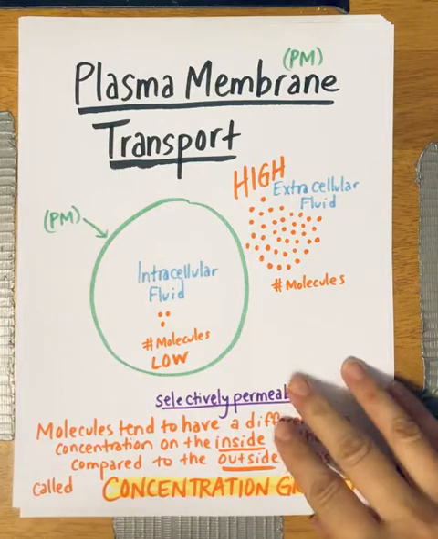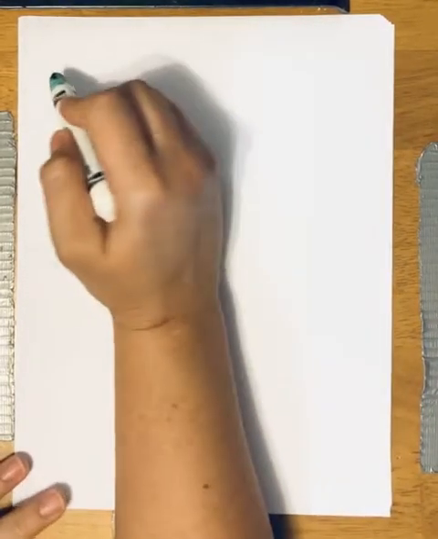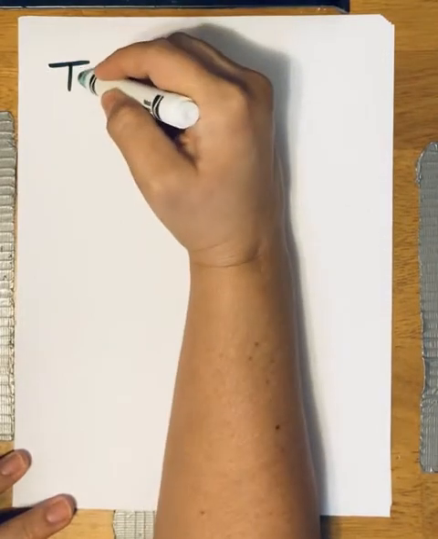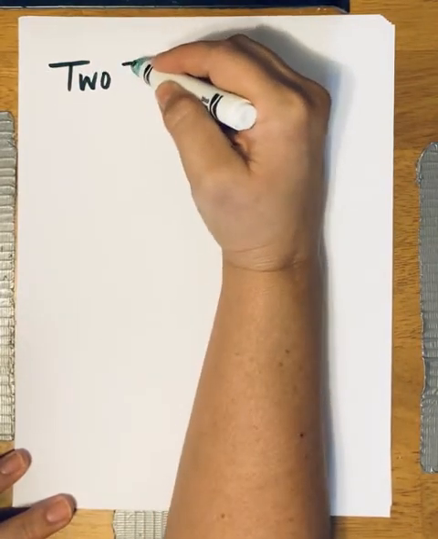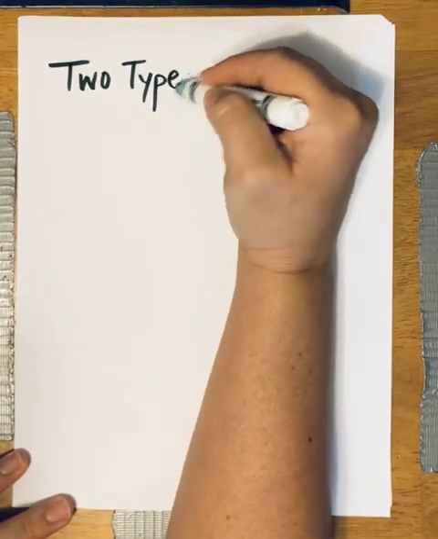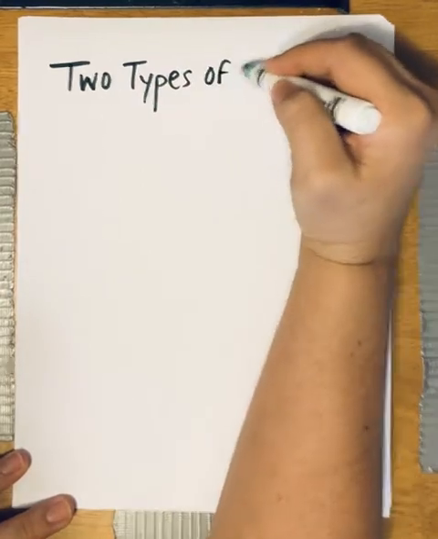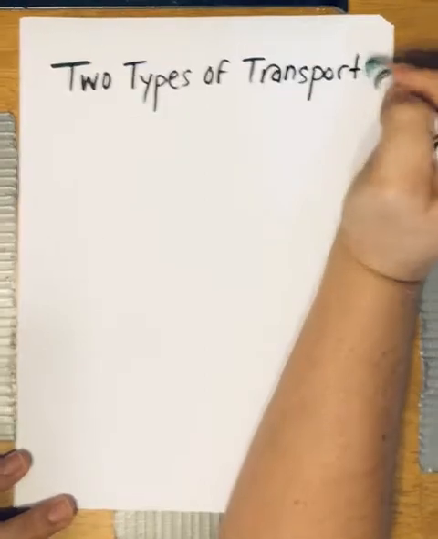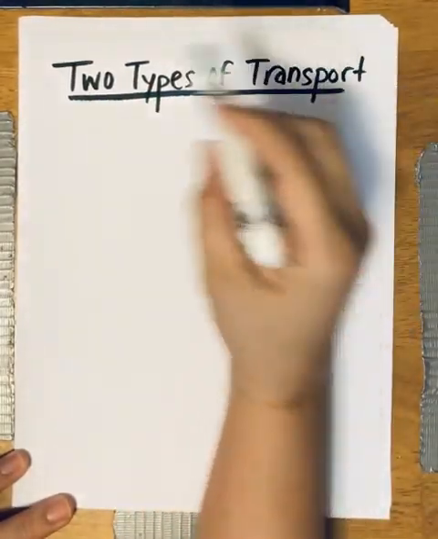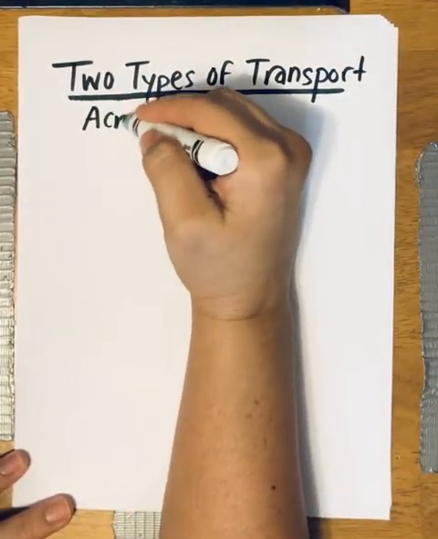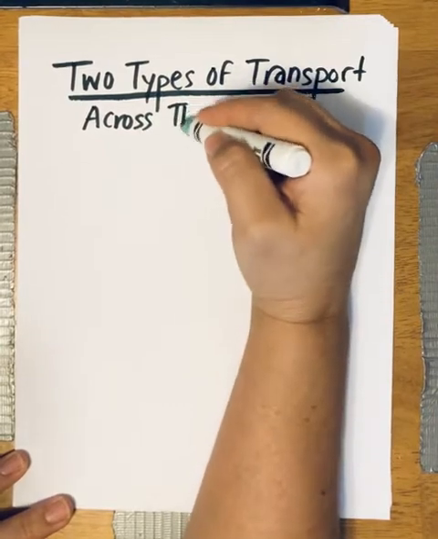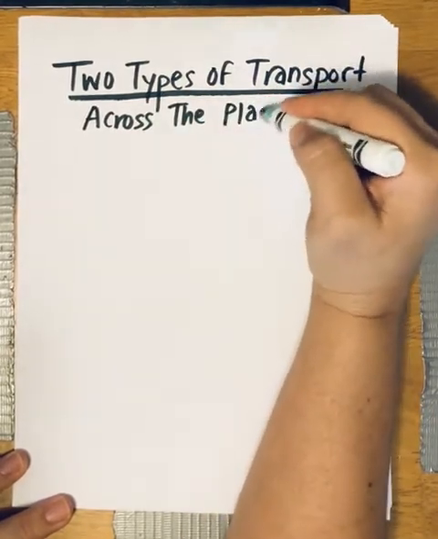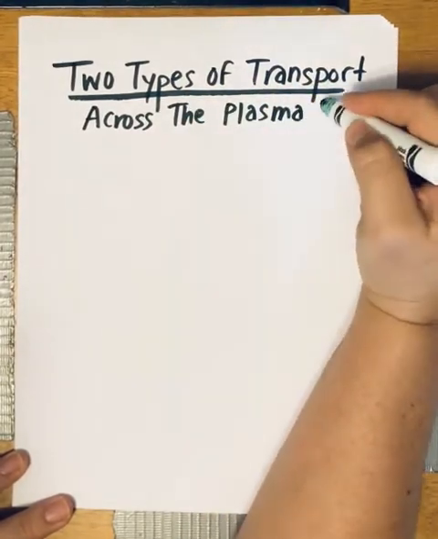Now, there are two types of transport across the plasma membrane.